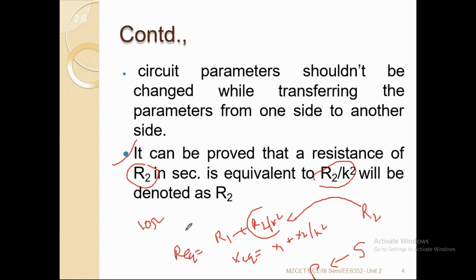Now the second case, when the primary resistance is shifted to the secondary: its value is R1 K square plus R2, and similarly Xeq is equal to X1 K square plus X2. These equations we need to use when primary parameters are shifted to the secondary. Remember these two; I will show you how these terms are obtained.